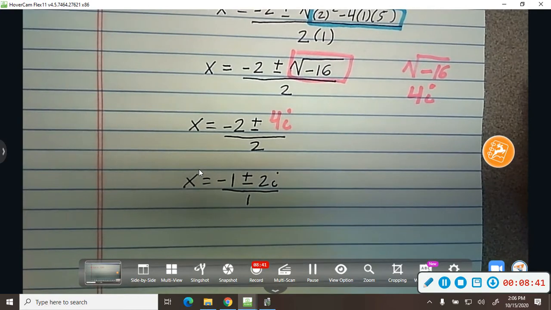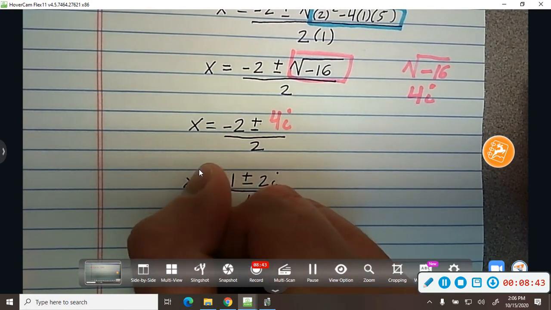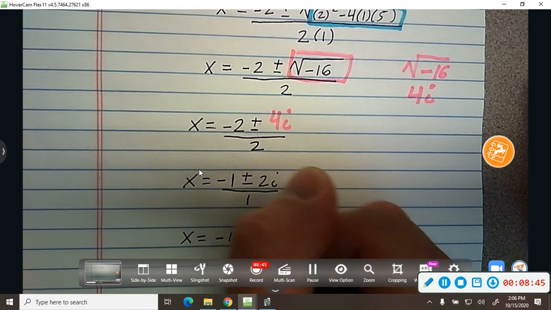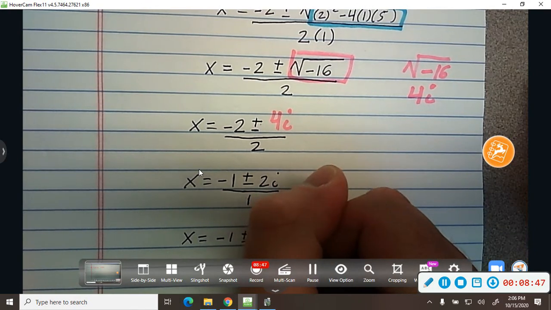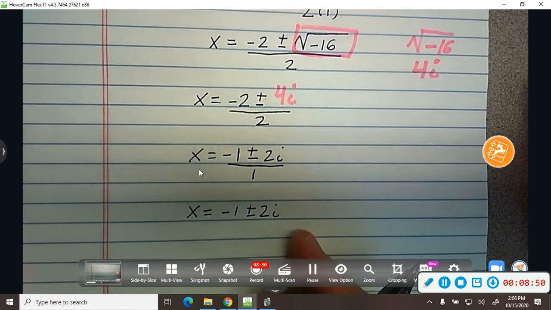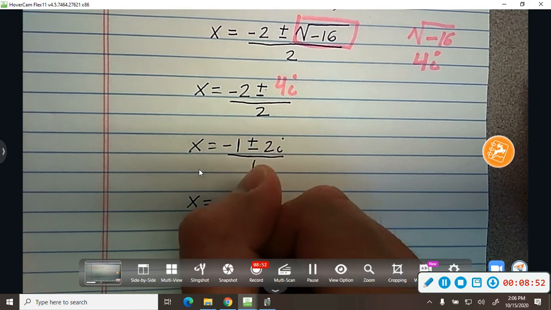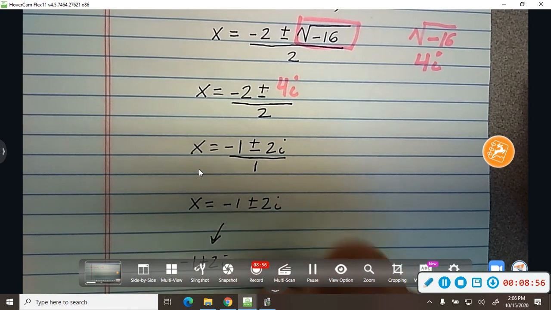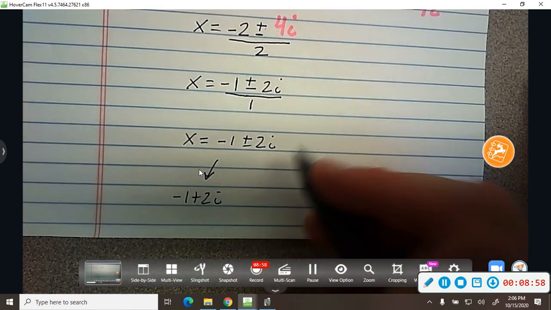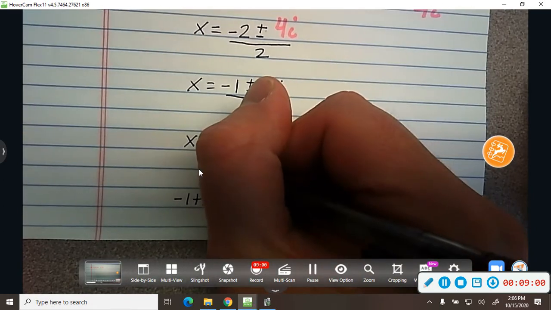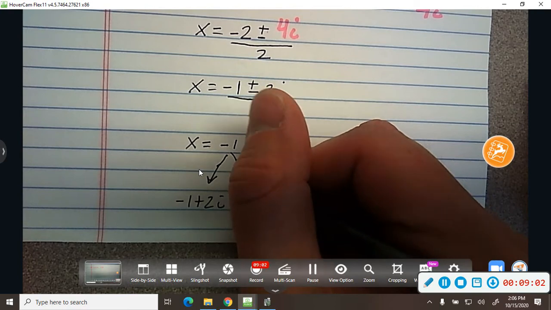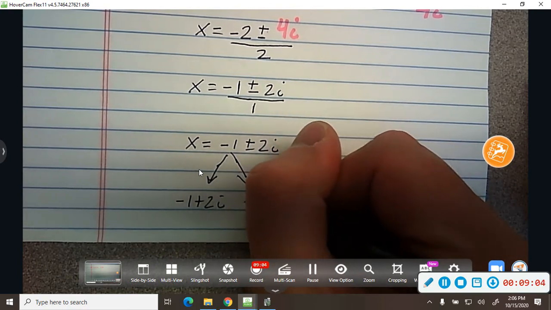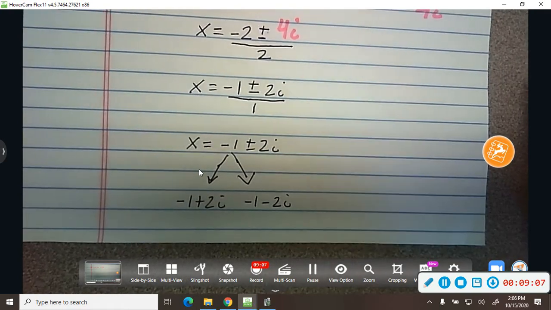And you don't technically need over 1, so you can just say the solutions are negative 1 plus or minus 2i. And what that means is, that means negative 1 plus 2i. It also means negative 1 minus 2i.